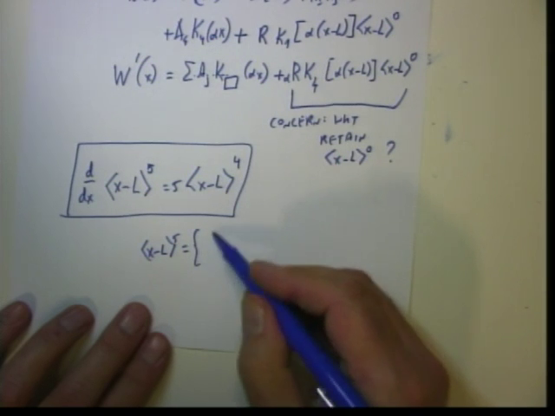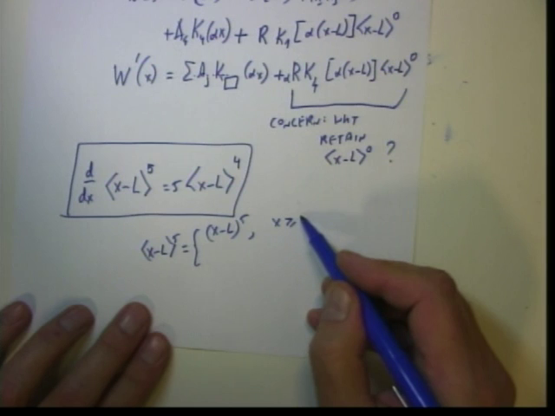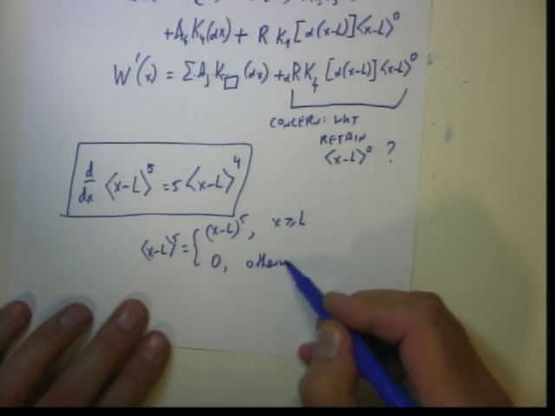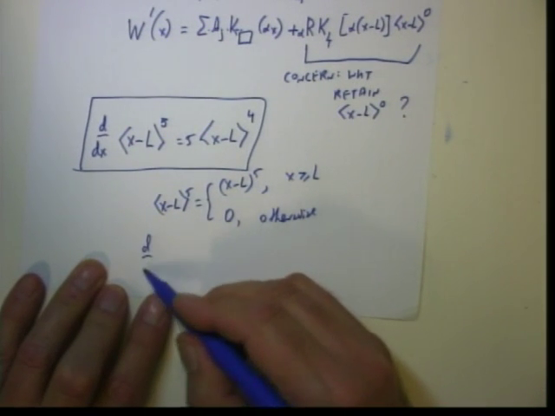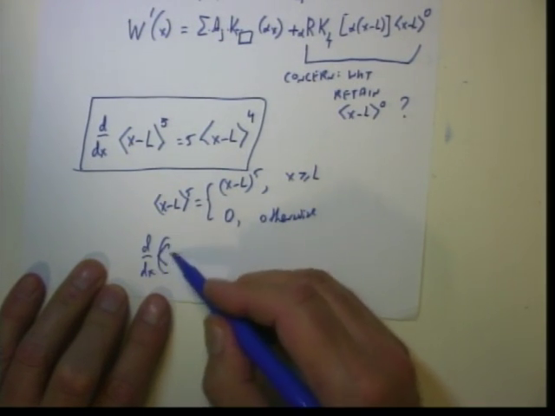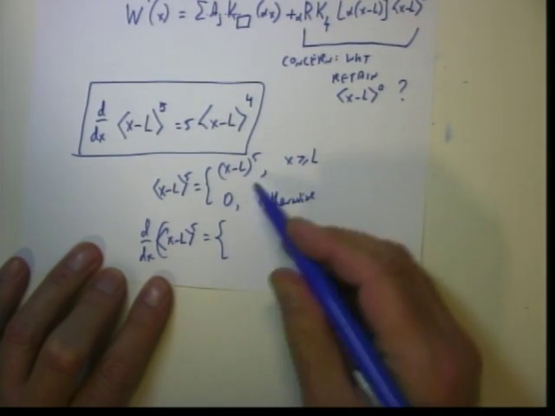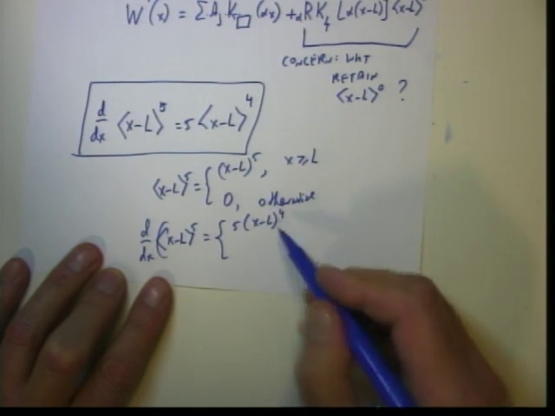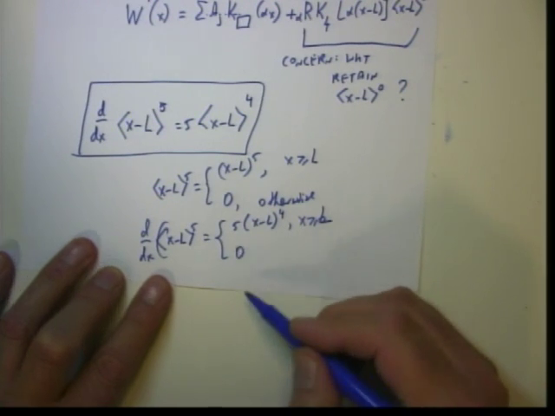This is x minus L in fifth power if x is greater or equal than L, 0 otherwise. So we can differentiate this function, d/dx of x minus L in fifth power equals 5 times x minus L in fourth power for x greater or equal than L, and that is 0 otherwise.